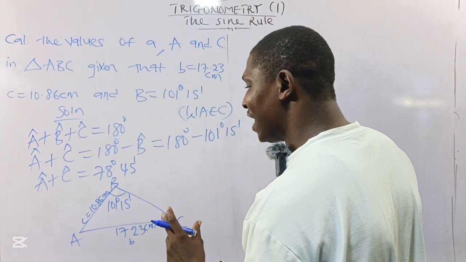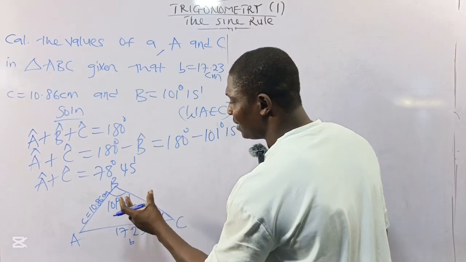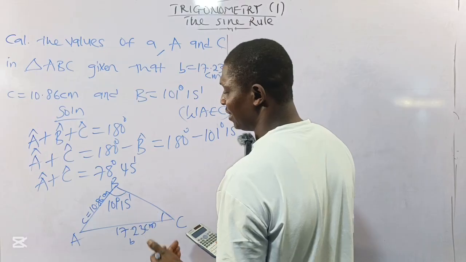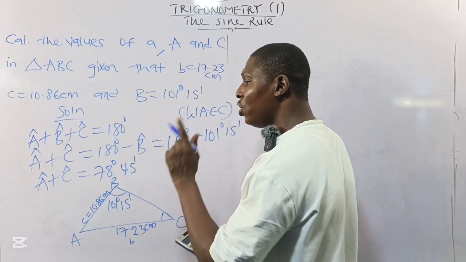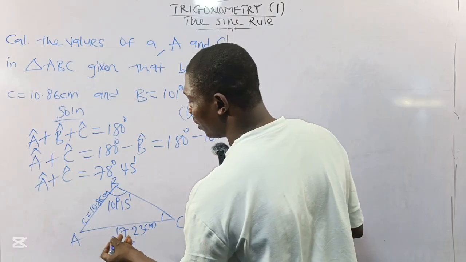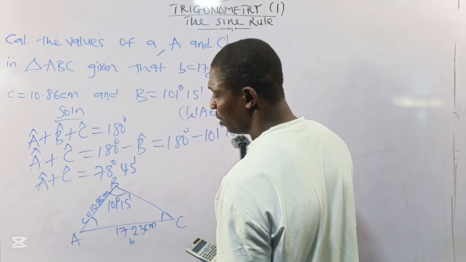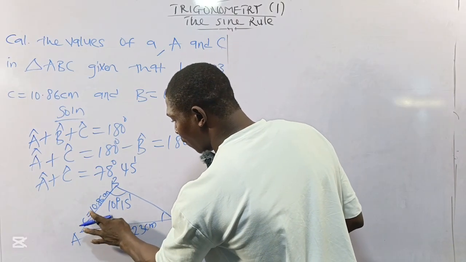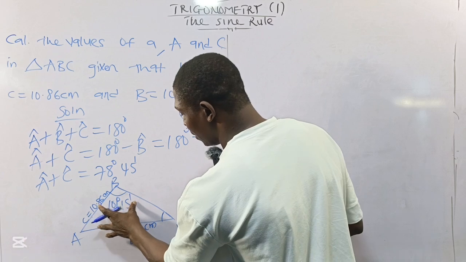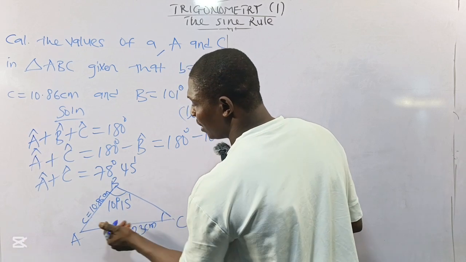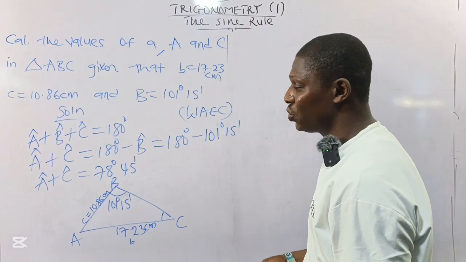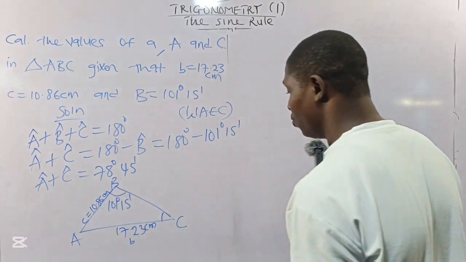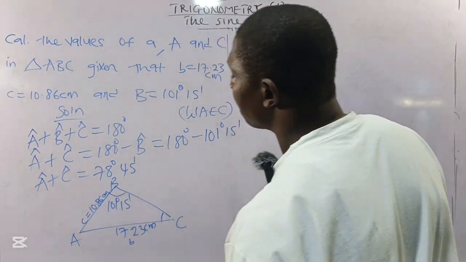Being given two sides and an angle facing one of them is the same as saying you are given two sides and one non-included angle, because the included angle here is this. So to use the sine rule, it's either this angle that is given or this angle. But if this angle is given, we can only use the cosine rule to solve it. Take notes, please.